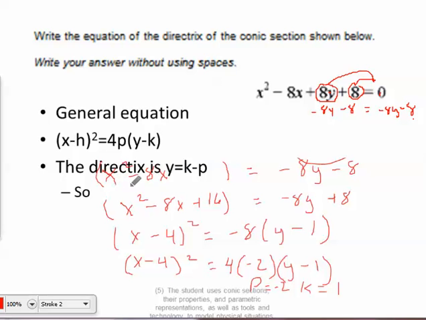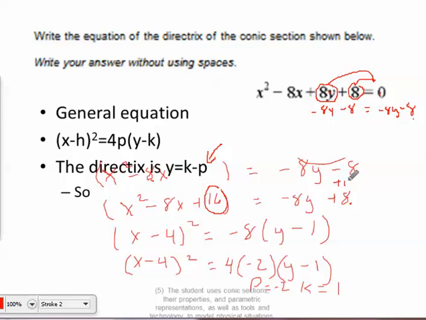I get x squared minus 8x equals 8 minus 8y minus 8. What I'm looking to do is complete the square here. So I'm looking for the value: I take this minus 8 divided by 2. I get minus 4 squared. I get 16. So I'm going to add 16 on this side. I've got to add 16 over here so that minus 8 becomes a plus 8.